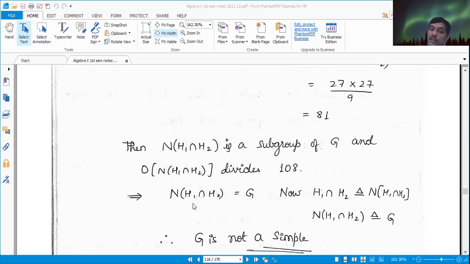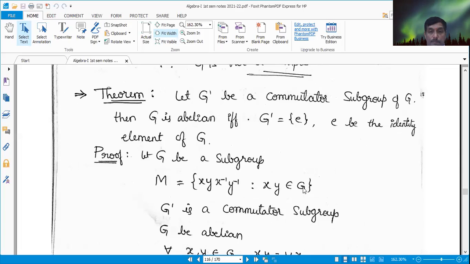Now, the normalizer of H1 intersection H2 is G, which means H1 intersection H2 is a normal subgroup, normal with respect to the normalizer of H1 intersection H2. Therefore, it is a normal subgroup, which means definitely it is not simple.